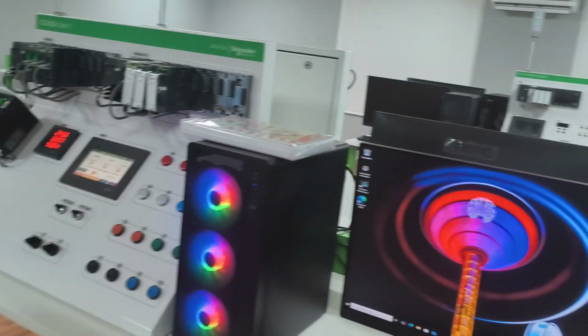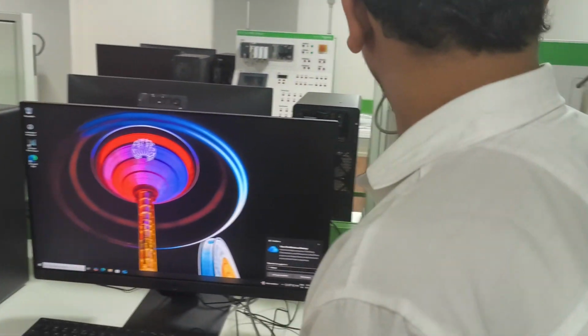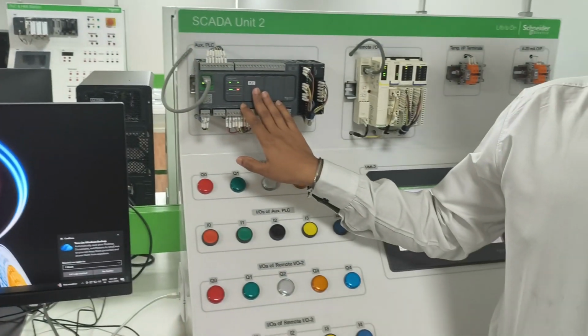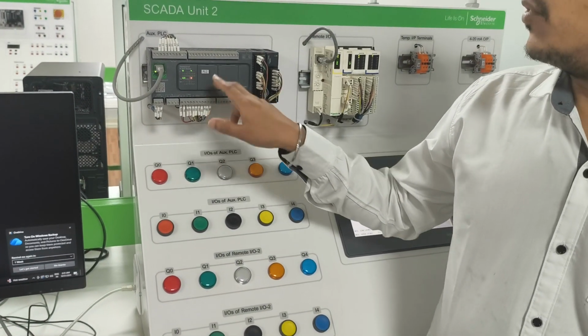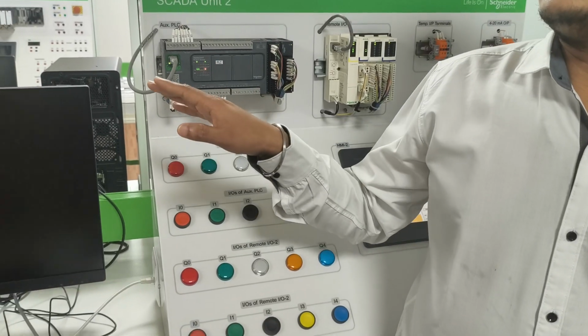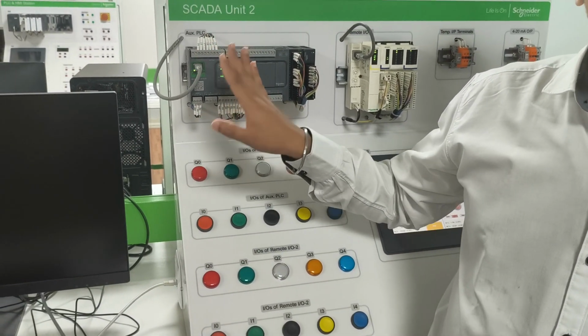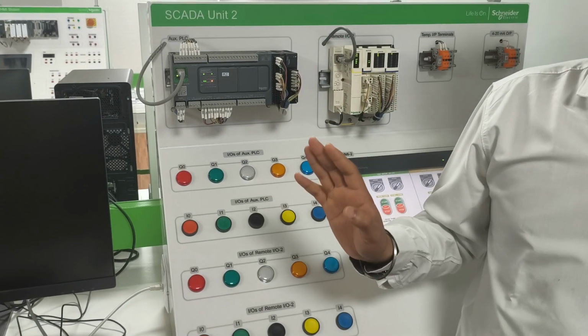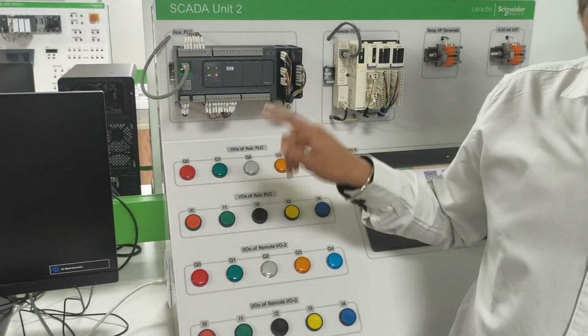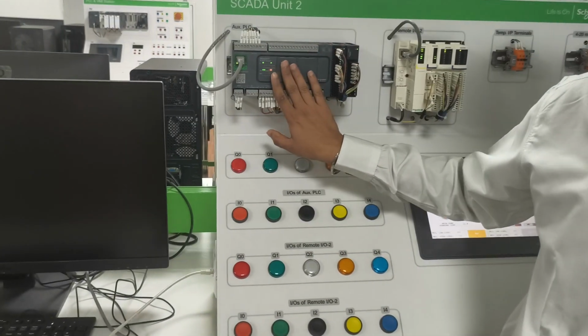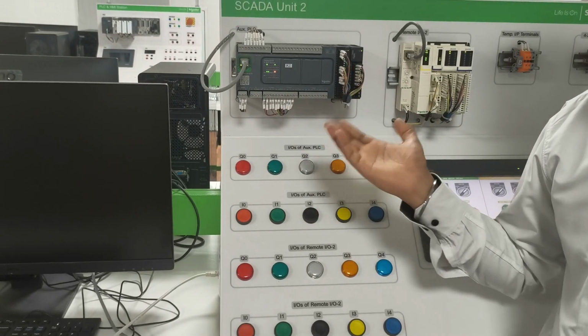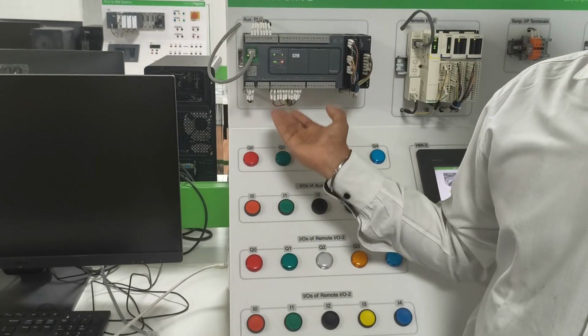And next we have this compact PLC. Let us take a reservoir as an example. To pump the water from the reservoir, we need a PLC. So for that we have used this auxiliary PLC, to pump the water from the reservoir to the tank.